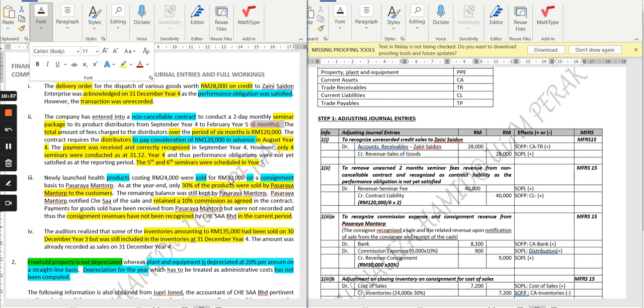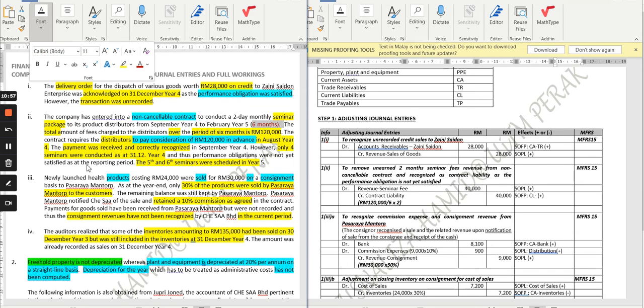For those 2 seminars, however, you have already collected the money for the seminars that you have not conducted, meaning to say that performance obligation for the 5th and 6th seminar have not been completed or satisfied.